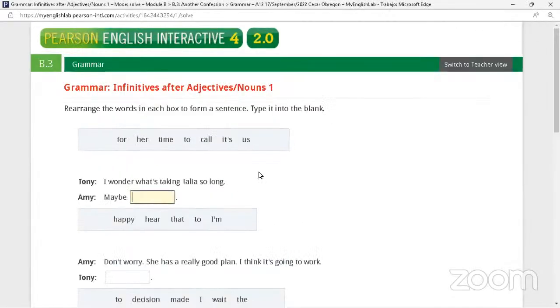I wonder what's taking Talia so long. Arrange the words in each box to form a sentence. Type into the blank. Maybe here. ¿Cómo era eso del for?